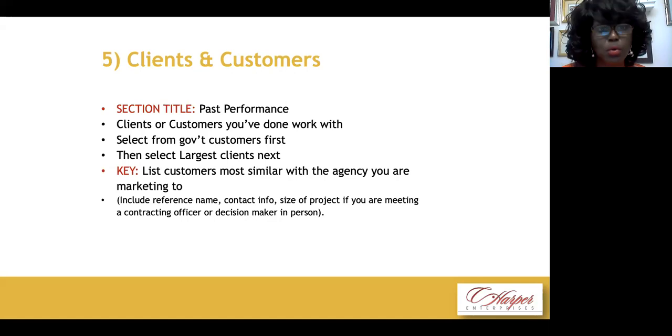It's real important that they feel you're comfortable working with large clients. And then the key here is to list customers most similar to the agency you're marketing to. If you want to work with HUD, and you've worked with HUD or another agency similar to HUD, a housing development agency, list that you've got that experience between the two. So make sure you include all the reference names, contact info, size of project, and whether you're meeting a contracting officer or a decision maker in person.